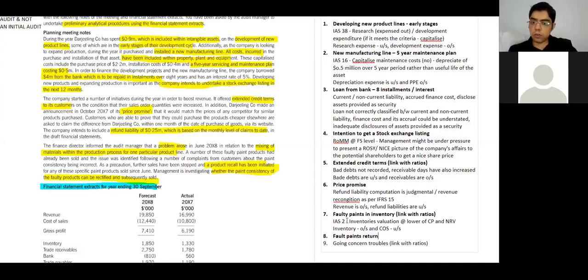The return of faulty paints. When faulty paints are returned, there could be risk. What is the accounting rule? Sales returns are not to be included in revenue.